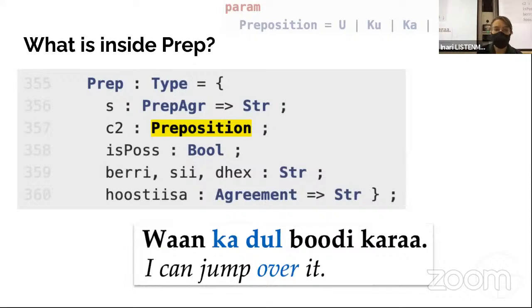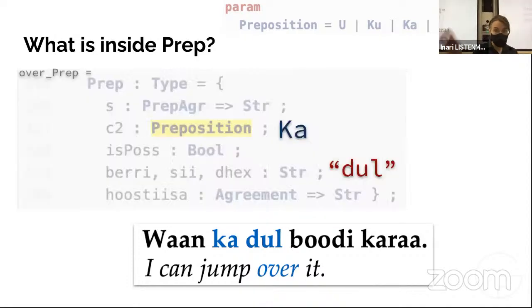Let's use an earlier example. We have the word over, which consists of two orthographic words, with ka as one of the merging ones, and dul as the string. If we suppose that we have a lexical entry for over as a prep, the adposition ka is represented by a parameter, and dul is a string.